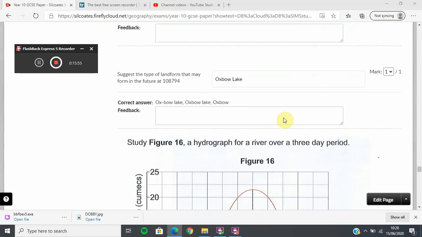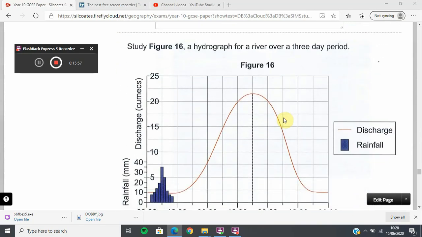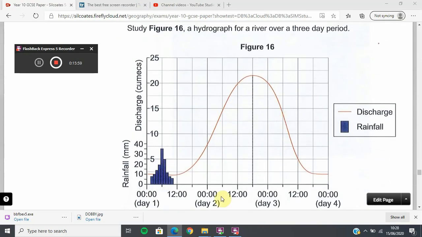All right, back down. So then on to our hydrograph, showing our rainfall event, where we've got rain flowing through the morning of day one for a fair few hours, peaking at 6 a.m. in the morning. That's when the highest amount was. And then over the next few days we see what happens to the river.